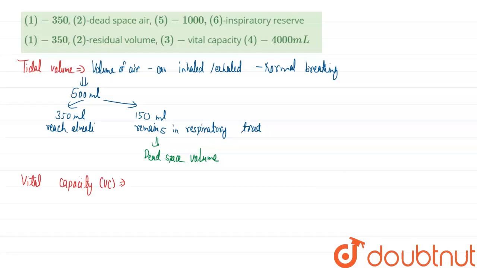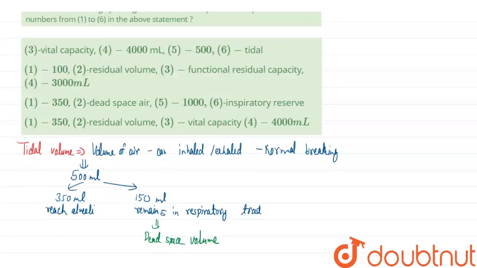It can be calculated by the formula: it is the sum of the tidal volume plus inspiratory reserve volume plus expiratory reserve volume. The inspiratory reserve volume is the extra volume of air that can be inspired by forceful inspiration. The expiratory reserve volume is the extra volume of air that can be expired by forceful expiration. The total amount of vital capacity will range from 4000 to 4500 ml.